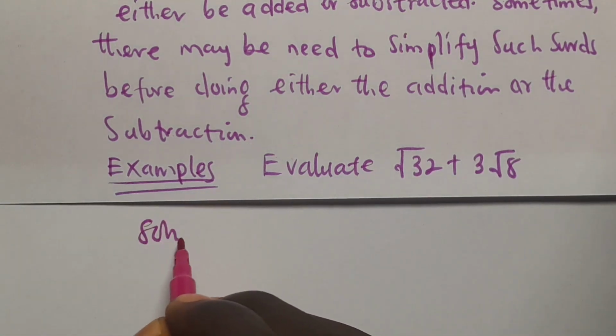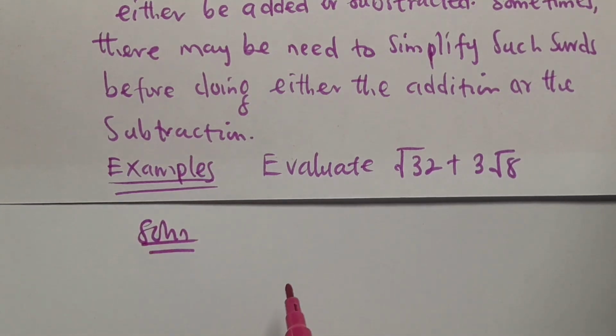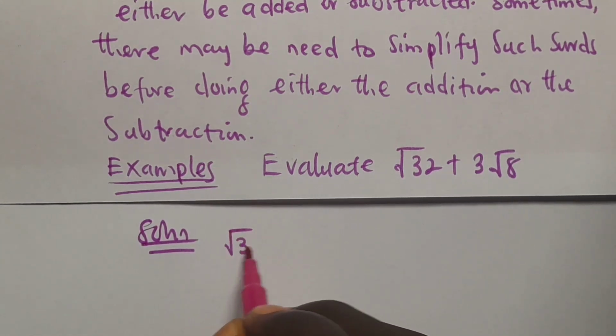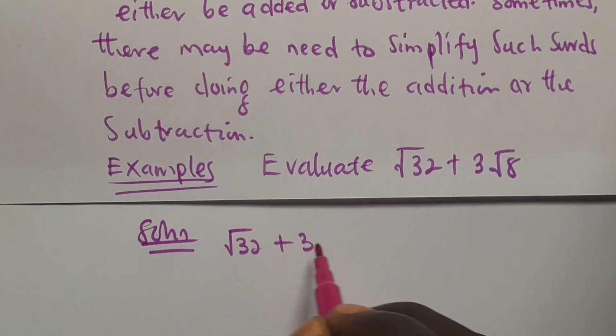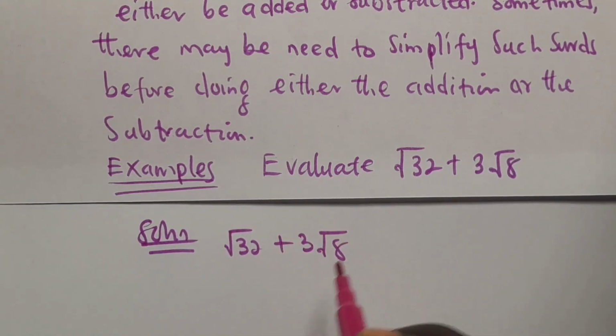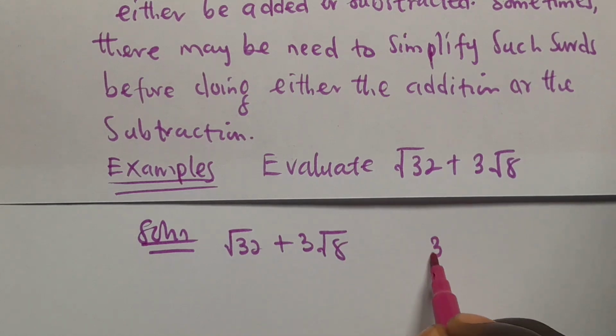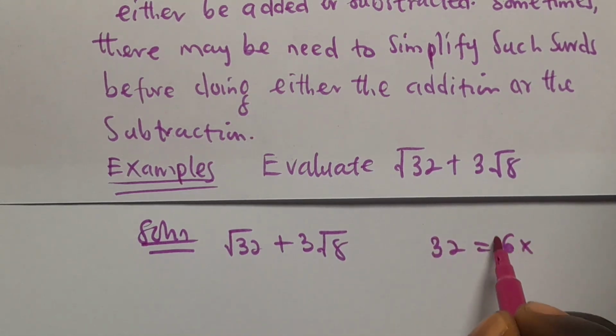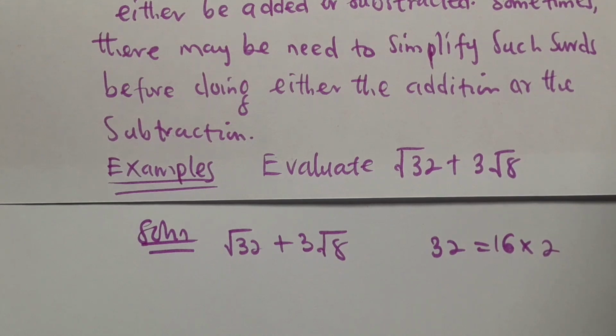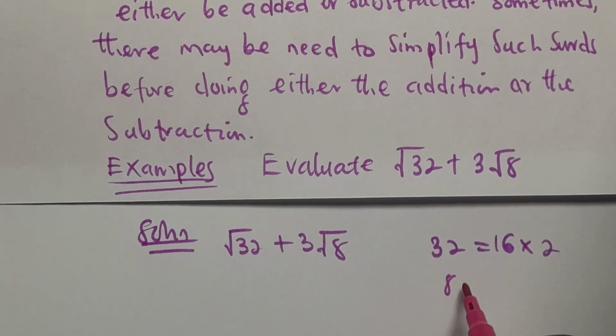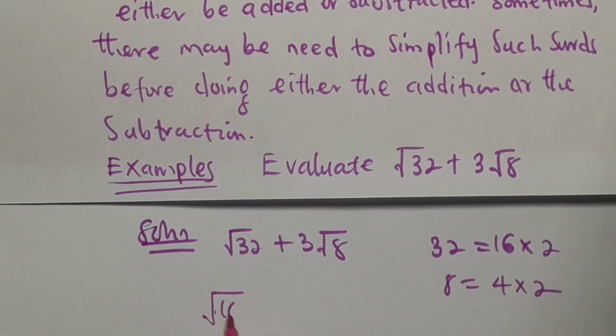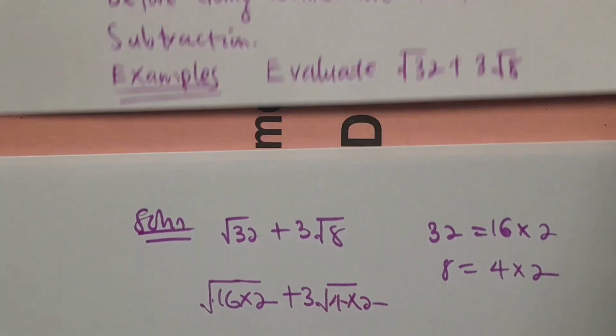As a solution, we have square root of 32 plus 3 square root of 8. Note that 32 equals 16 multiplied by 2 and 8 equals 4 multiplied by 2. And again note that 16 and 4 are perfect squares. So let's substitute this here. We have square root of 16 multiplied by 2 plus 3 square root of 4 multiplied by 2.